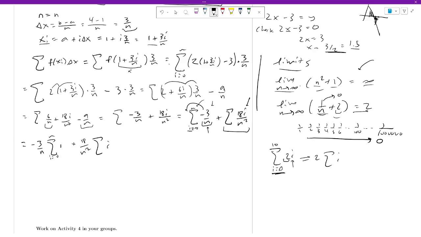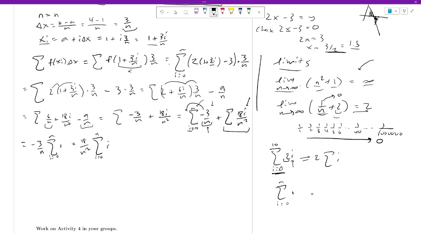Just remember these are sums from 0 to n. So we just have to use our sum rules from above. One of our rules was that if I add up 1, this is 1 plus 1 plus 1 plus 1, for how many times? Well, if I was going from 0 to n, I have n plus 1 of them.